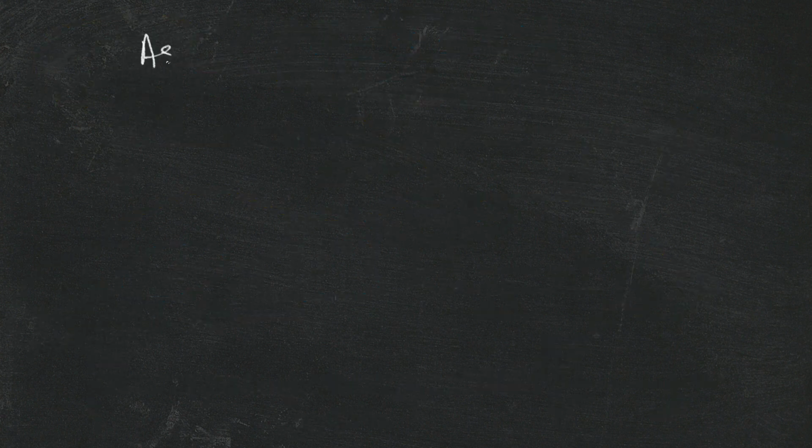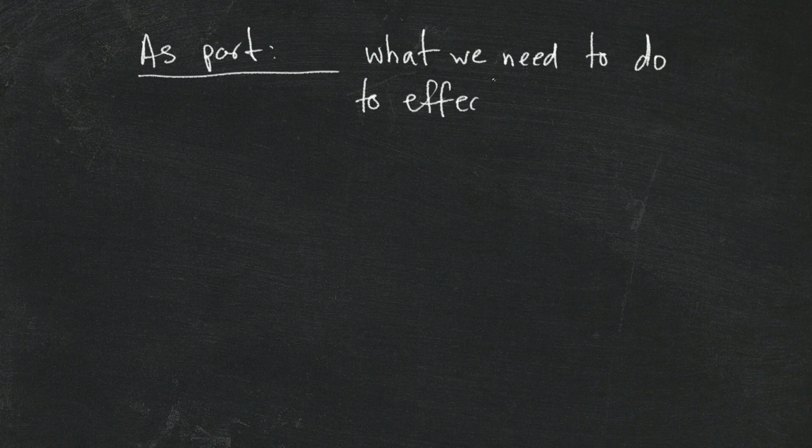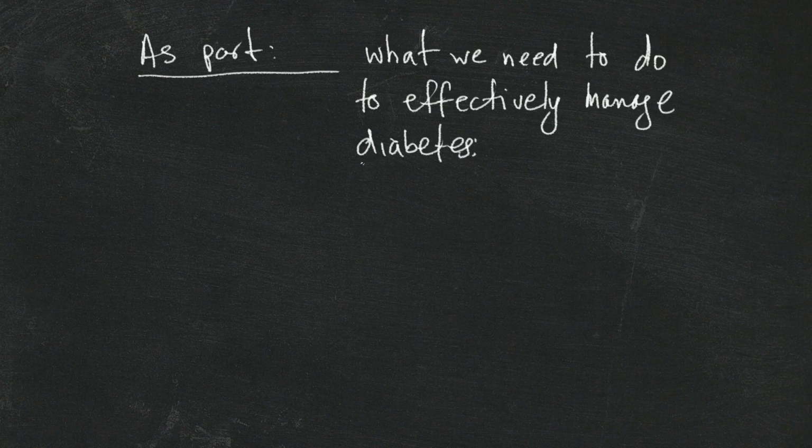As part of what we need to do to effectively manage diabetes and take up slack where the beta cells have left off because they're not around anymore, it's basically keeping things in balance.